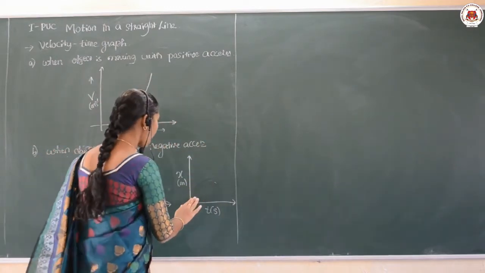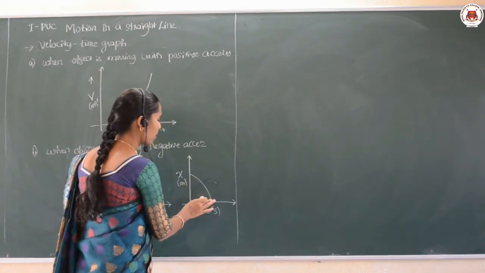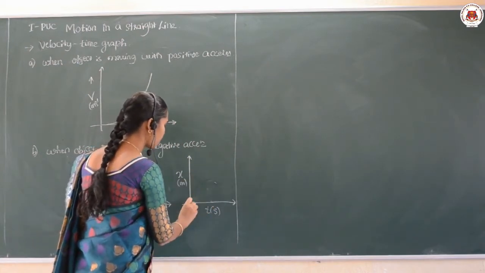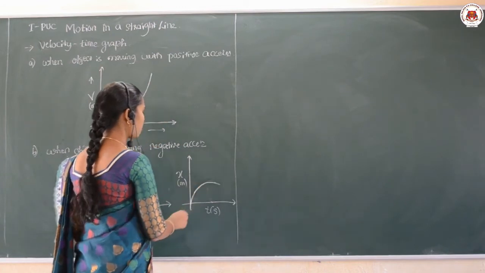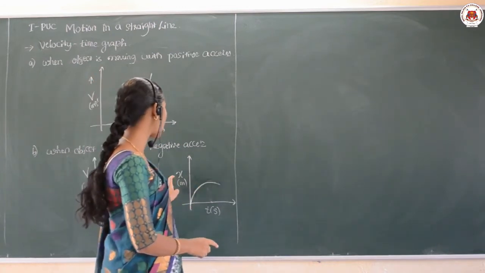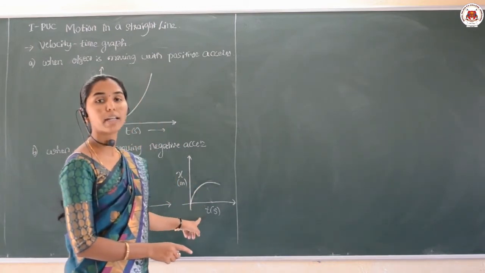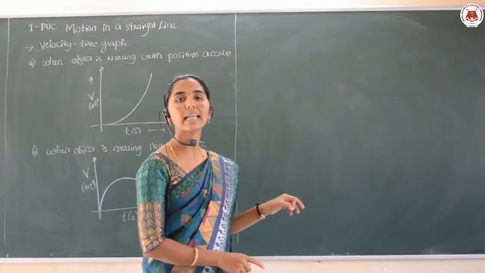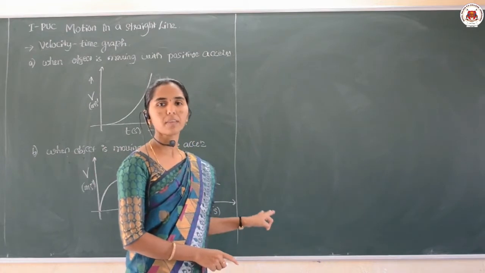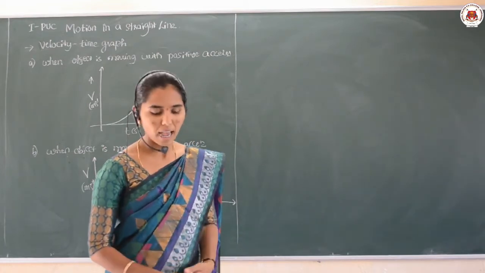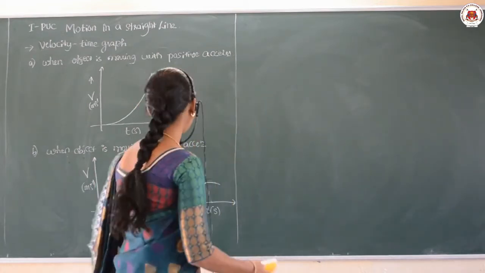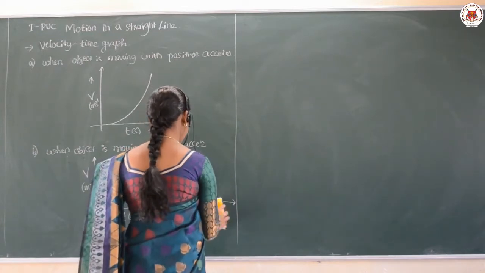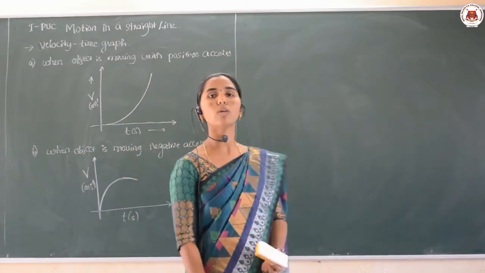I have shown it like this. Kindly change that, it should come in this way. So this is the diagram for the position time graph for an object moving with decreasing or negative velocity. Am I clear?